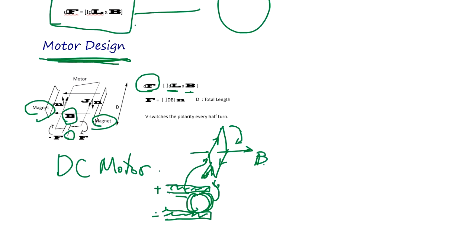Then when it becomes vertical, the way this metal contacts is going to switch again. So this is a kind of contact design for DC motors.